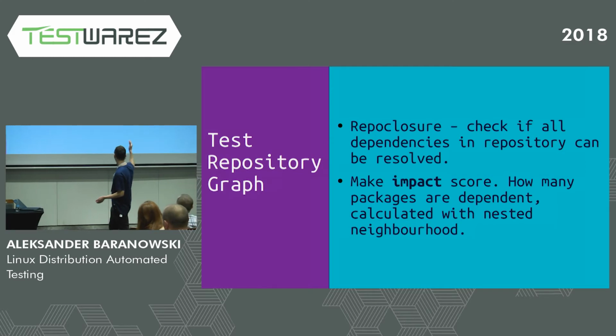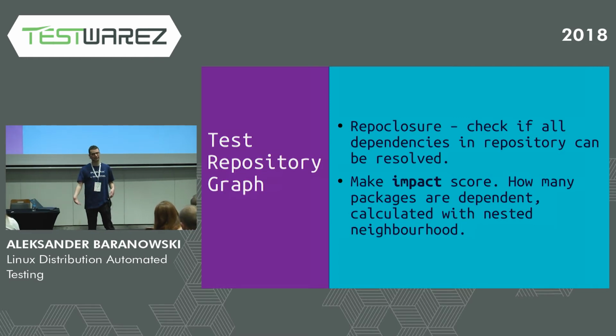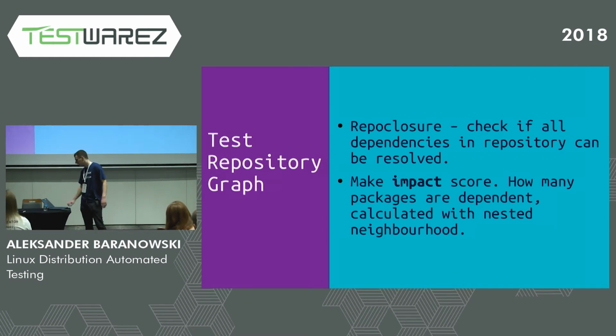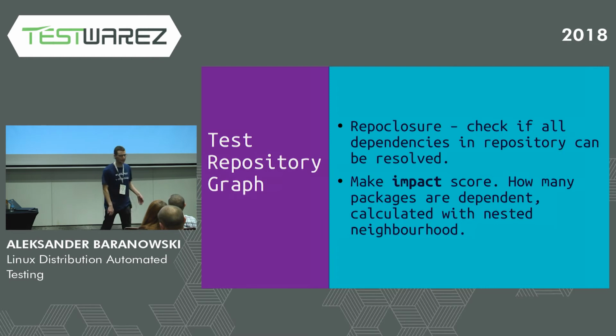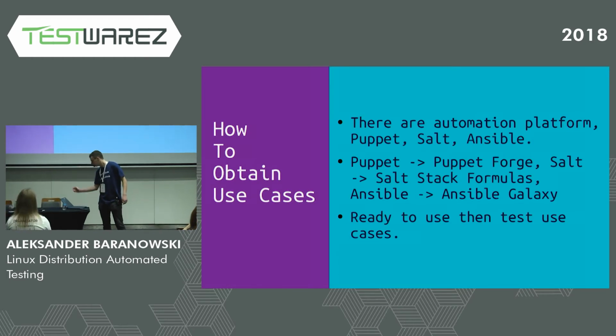And there is Puppet Forge, Salt Stack Formulas, Ansible Galaxy. And we can take these cases, then test them. Some of the popular sample use cases, for example, Linux, Apache, MySQL, PGP, NFS, Samba, web server, availability, databases, and so on, and so on.